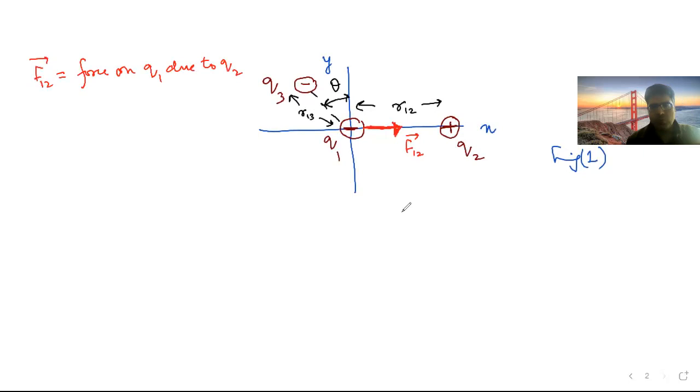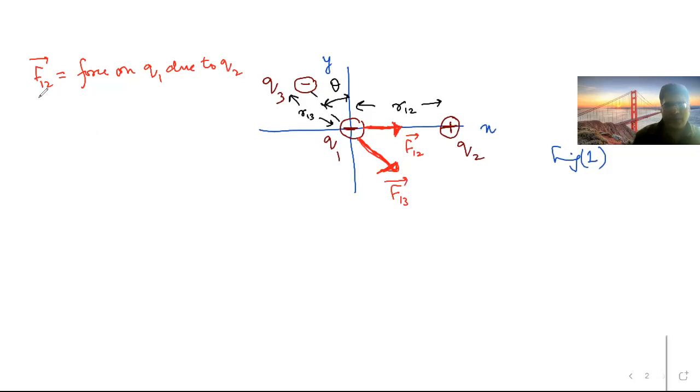Force on Q1 due to Q2. Q2 is going to attract Q1 towards itself, so this force will be oriented this way. Likewise, Q3 will repel Q1, so that vector will be this way. So this force is, now I name it, let me make it a little bold. This vector is F13.